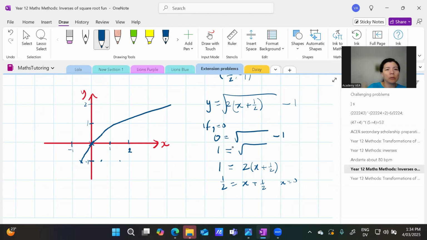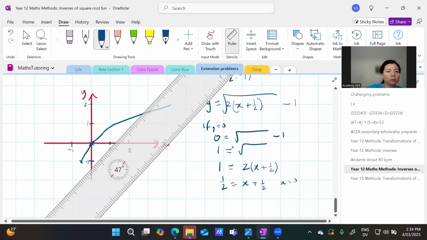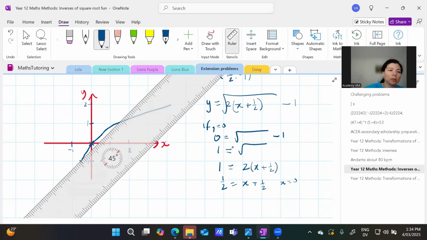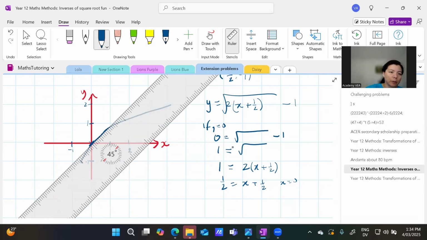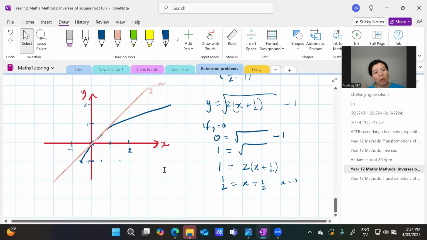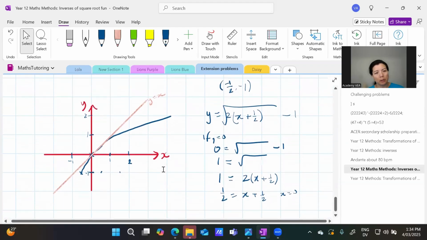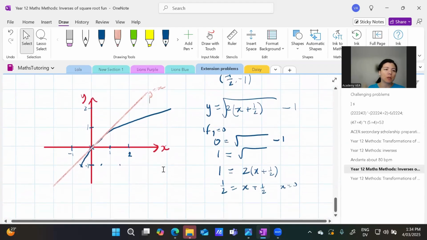Well, if I put in the y equals x line, which is at a 45-degree angle, then that means that the graph of the square root function only hits the y equals x line at one point.